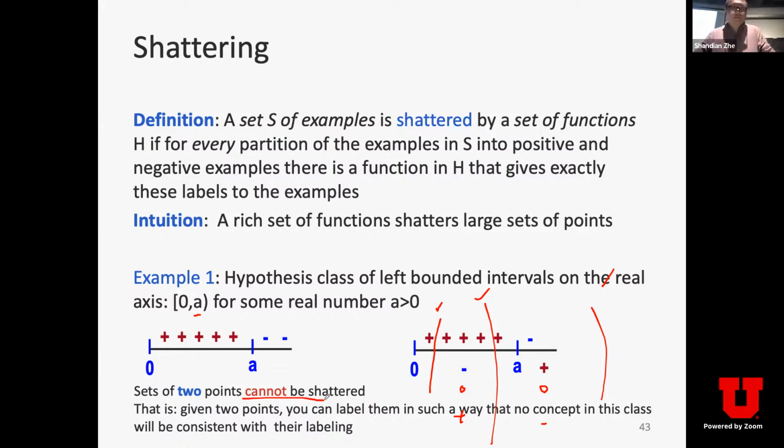So you can see that even this hypothesis space is huge. Why is it huge? Because it's infinite. It contains infinitely many possible classifiers, but this space can only shatter 1 point. The expressivity is highly limited, right?